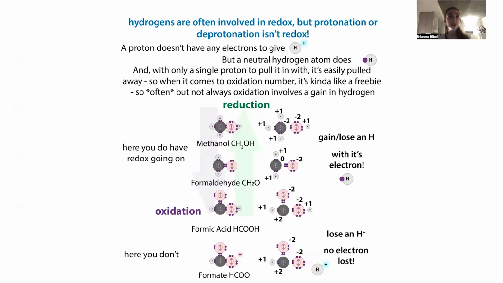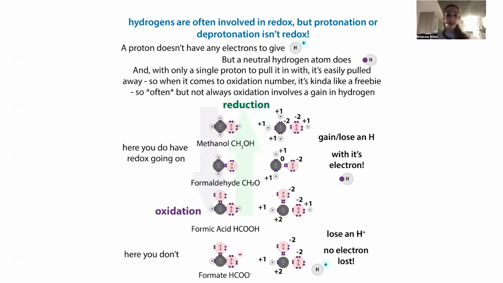Remember, oxidation is loss of electron density, reduction is gain of electron density. Often when something forms a bond to hydrogen, it's going to be gaining electron density because it gets that freebie electron from that hydrogen. Whereas if something loses a hydrogen atom, then it's going to be losing electron density because it's losing that free electron that it had.